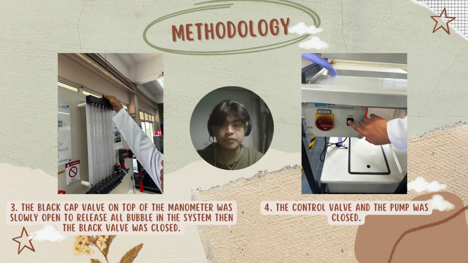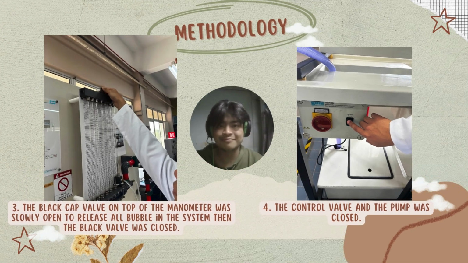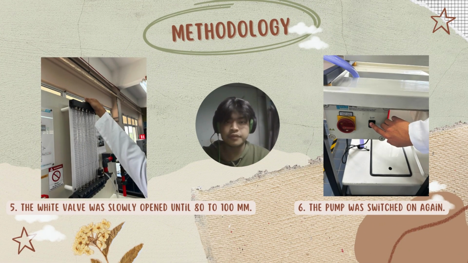Then the black valve was closed. Fourth step, the control valve and the pump were closed. Fifth step, the white valve was slowly opened until 80 to 100 millimeters. Sixth step, the pump was switched on again.